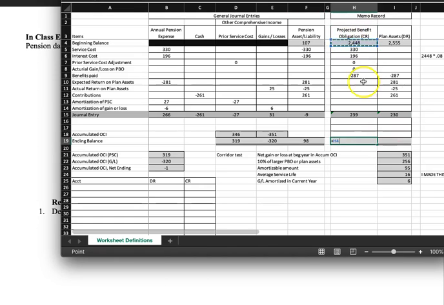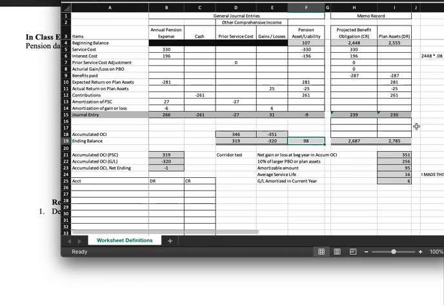We had 2448 in our obligation. We credited it for 239. So at the end of the year, we have 2687 in our ending PBO. And our ending plan assets would be the 255. We debited for 230, and that means 2785. The net of these two numbers hopefully comes back to the 98 change there.